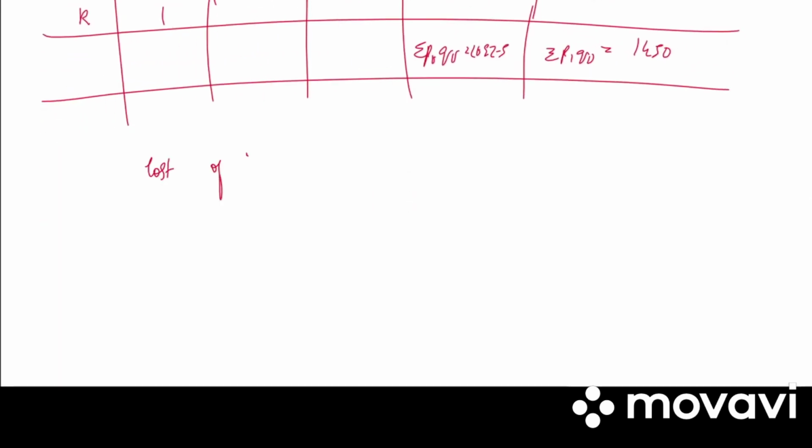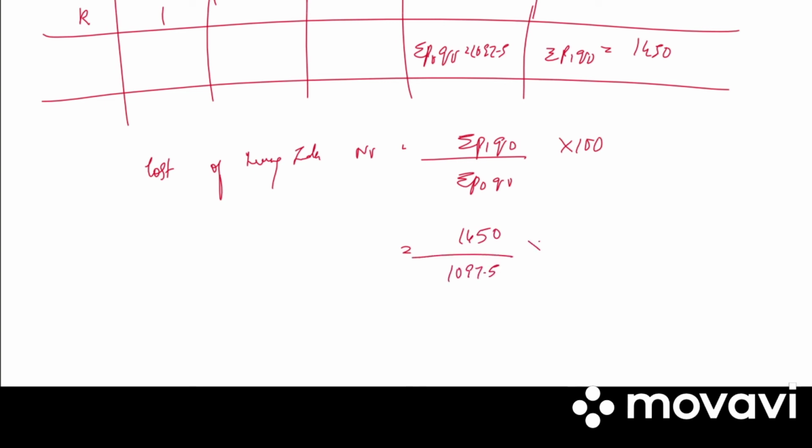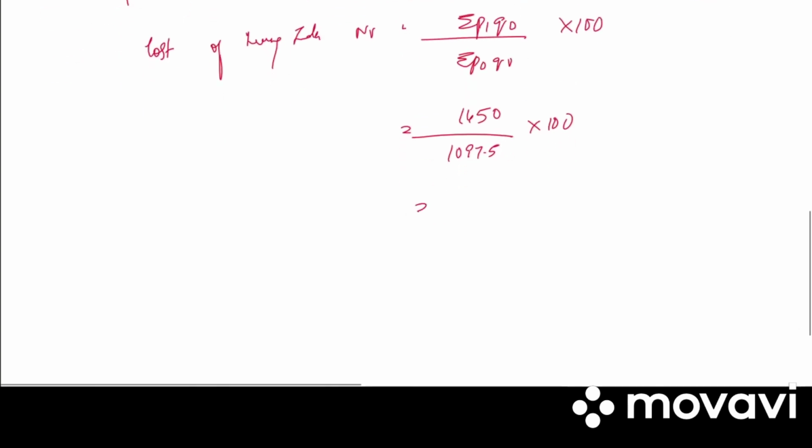So cost of living index number is equal to summation P1 Q0 divided by summation P0 Q0 into 100. 1450 divided by 1097.5 into 100. It is 132.12. Clear?